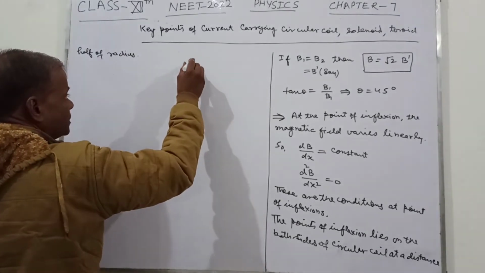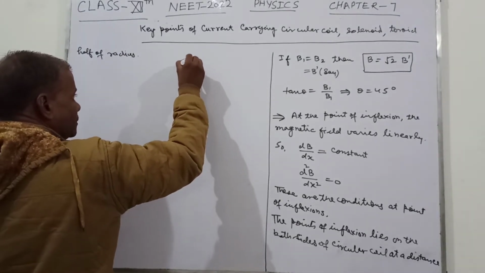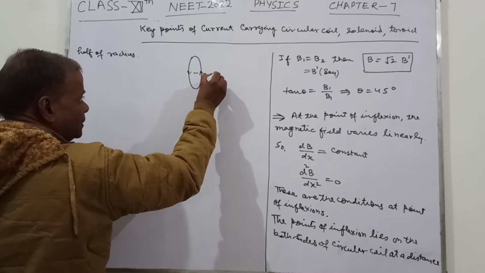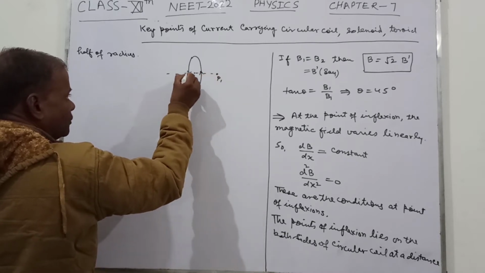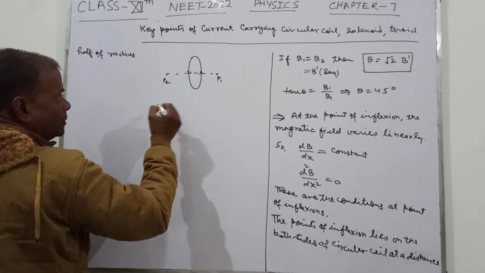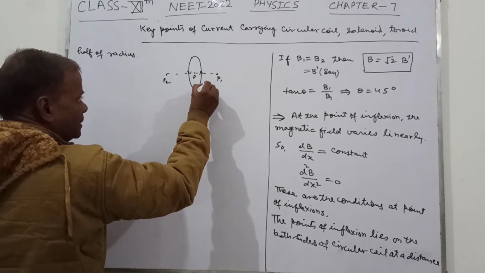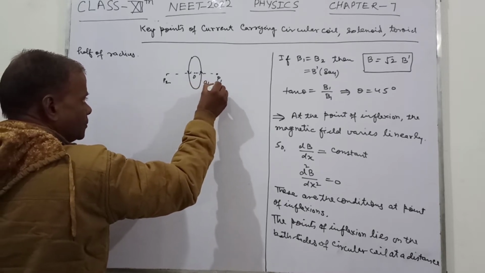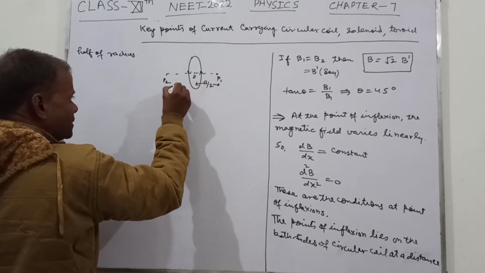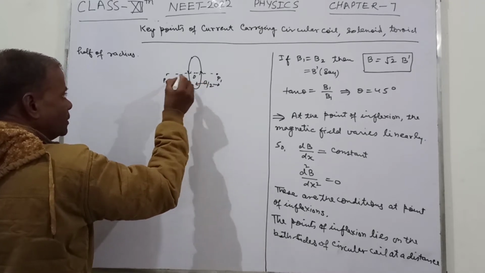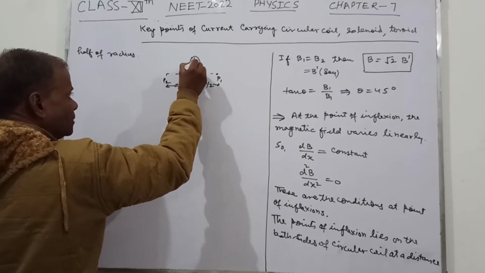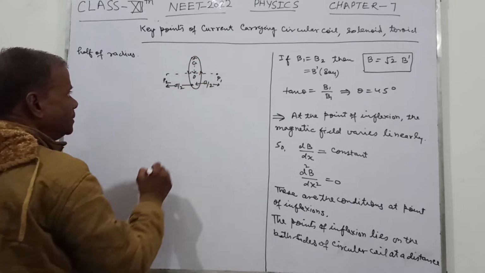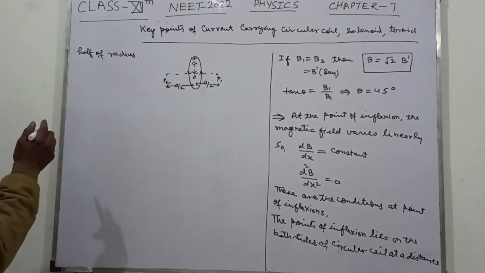It means that suppose this is the circular coil carrying the current, this is the center, then one point will be here and another point will be here. These are P1 and P2. This distance is equal to A by 2 and this distance is also equal to A by 2. A is the radius of the coil.